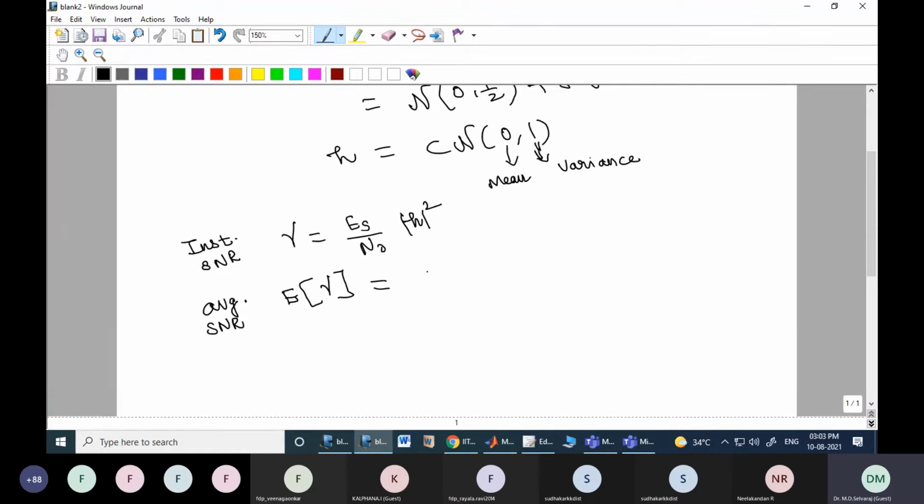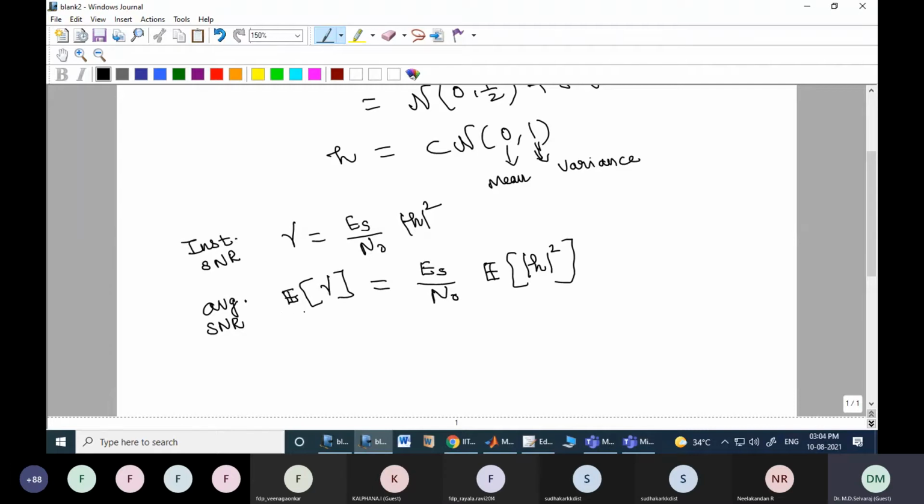Expectation of a constant is a constant, therefore Es by N naught will come out. And expectation of mod of H square, this is what we get. So this expectation of gamma is the average SNR.